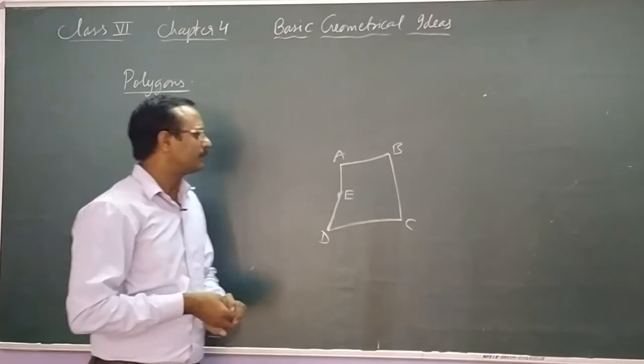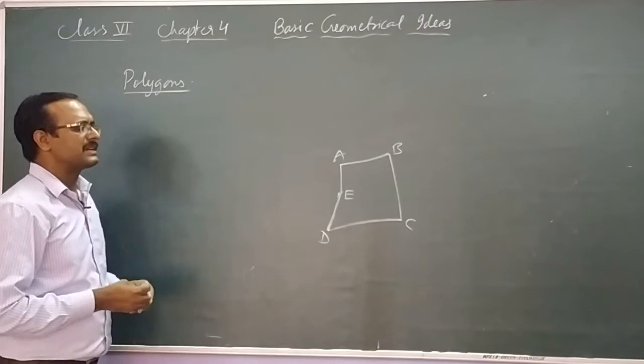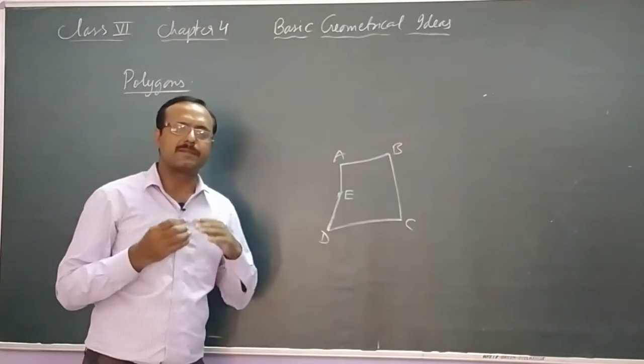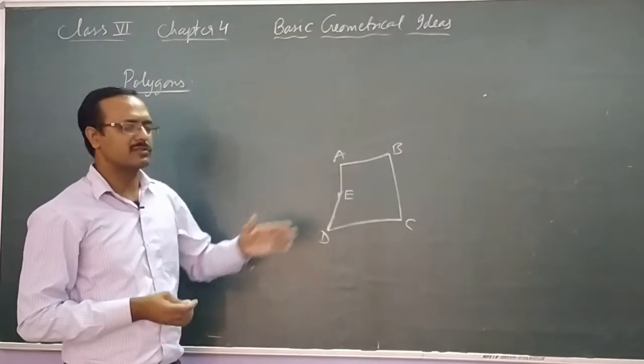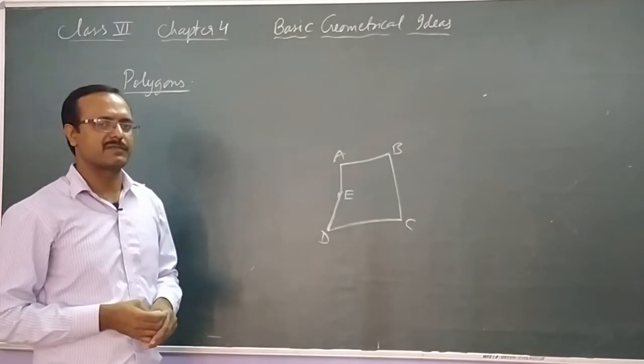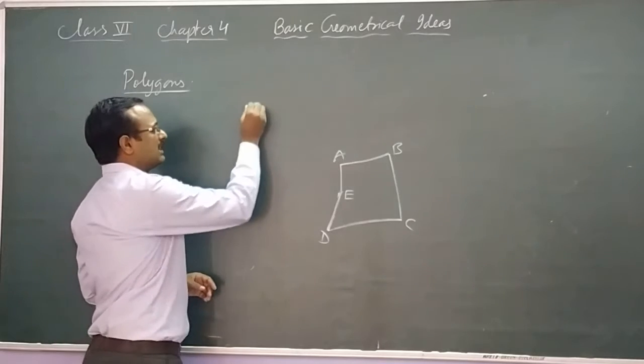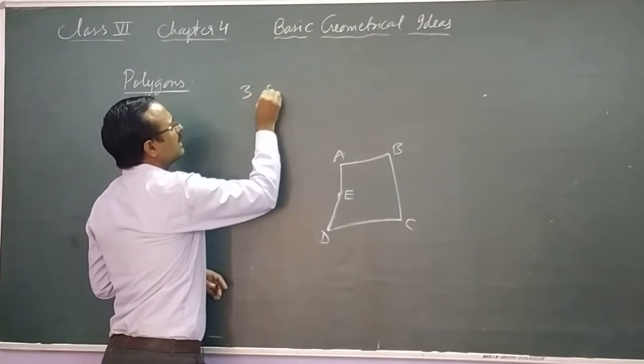The minimum number of line segments required to make a polygon, which should also be closed, is at least three line segments.